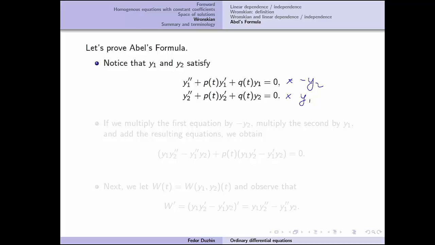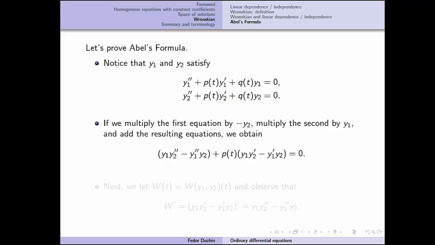The reason is that if we do this, then here we are going to get minus y1 y2, and here we are going to get y1 y2, so they will cancel each other. And here we are going to get the Wronskian exactly. So if we do these multiplications and add the two equations, what we obtain is this.